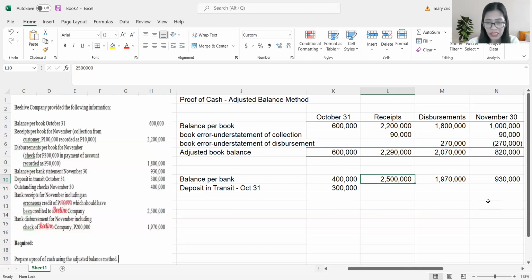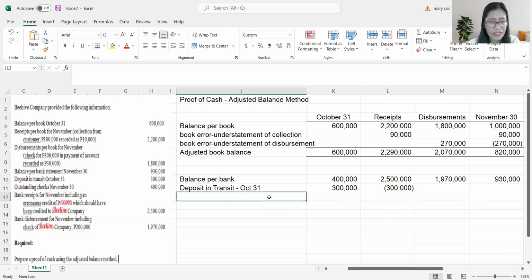Hindi siya cash receipts per bank ngayong buwan na to. Receipt siya sa last month pa. Pero na-record ng bangko as part of their receipts during the month of November. So what you're going to do is you simply deduct 300,000 from your receipts para ma-eliminate. Kasi gusto natin na yung receipts na magre-reflect dito, ayun lang receipts for the month of November. So dapat tanggalin natin yung for the month of October.